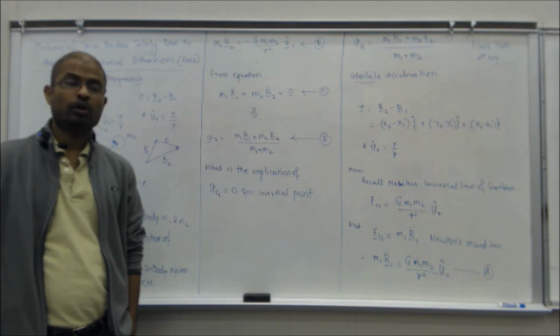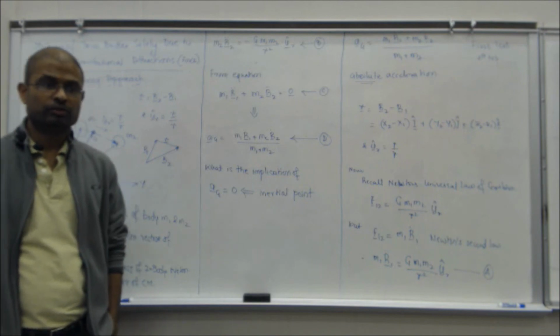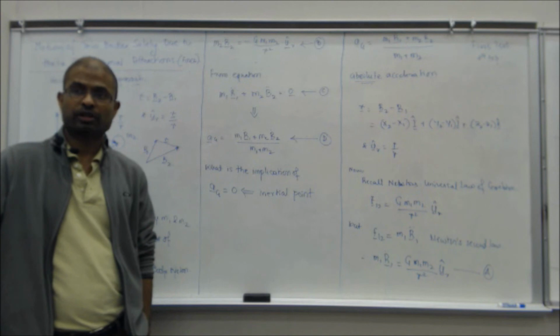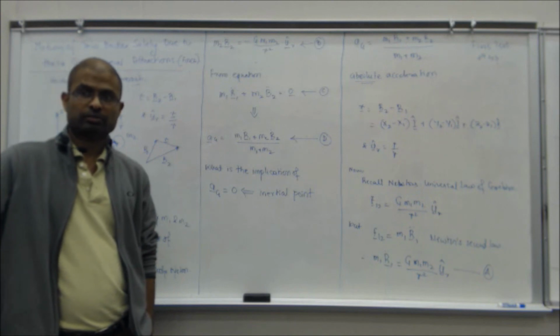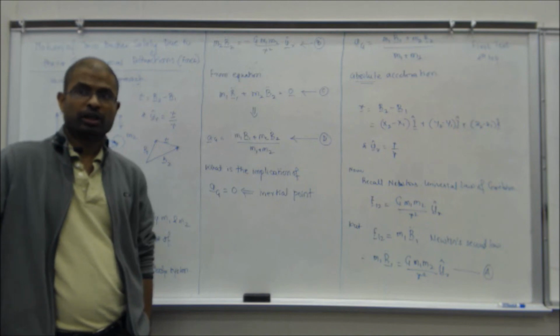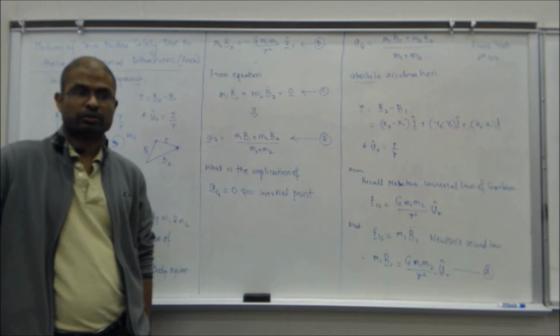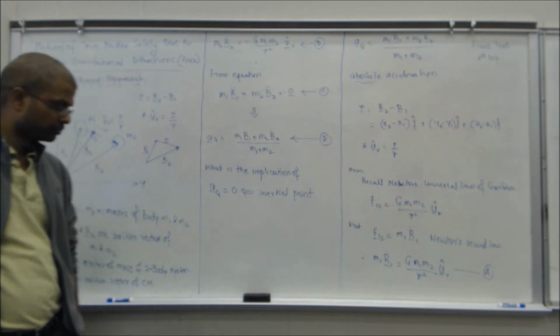A coordinate system by itself is not inertial or non-inertial. Reference frames are inertial or non-inertial. And coordinate systems can be Cartesian, polar, spherical, all those. Okay.